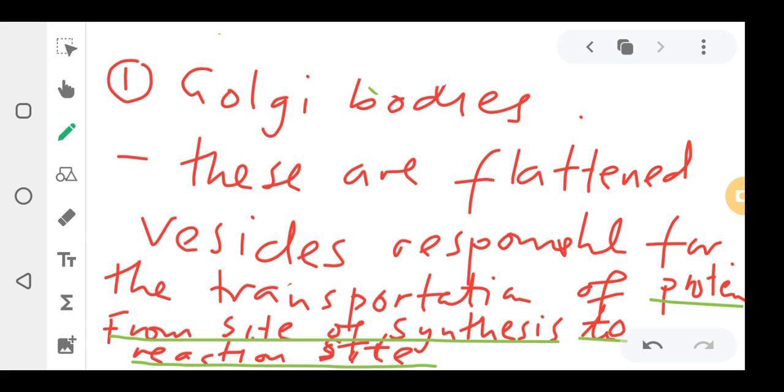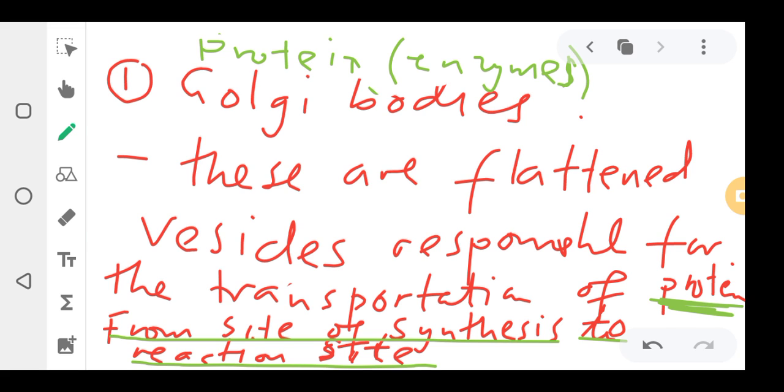If you don't put transportation of proteins from the site of synthesis to the site of reaction, it means that's not their function. You don't just say it is responsible for transporting proteins. It is responsible for transporting proteins such as enzymes, in brackets, enzymes.